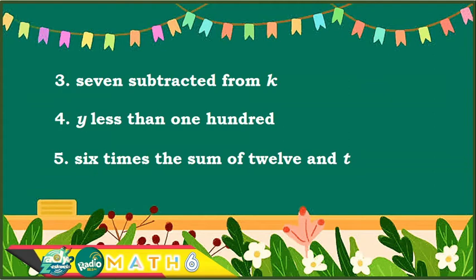Number 4, y less than 100. I repeat, y less than 100. And for the last number, number 5, 6 times the sum of 12 and t. Again, 6 times the sum of 12 and t.